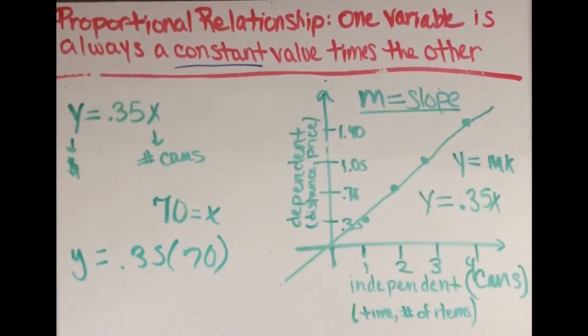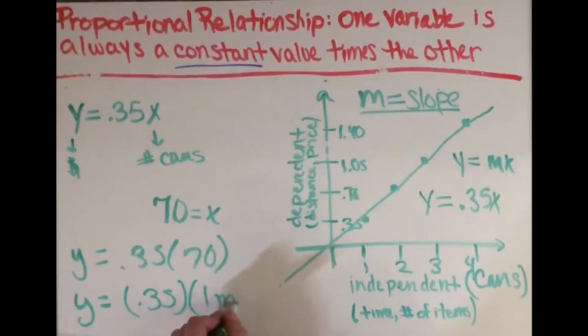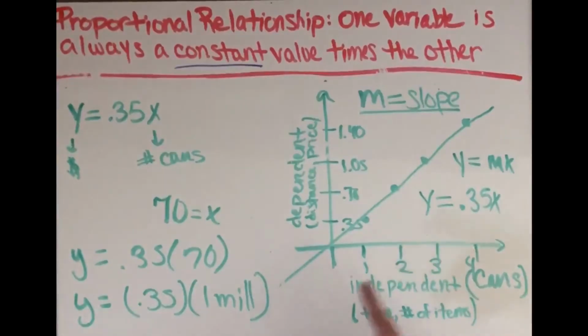Or how about 1,000,000 cans? y equals 0.35 times 1,000,000. So in math, you'll be able to set up equations like this and solve for any variable. And that is extremely helpful, especially when you're working with large numbers and you can't count out 1 can, 2 cans, 3 cans, 4 cans, because that's not reasonable when you have to work up to 1,000,000.